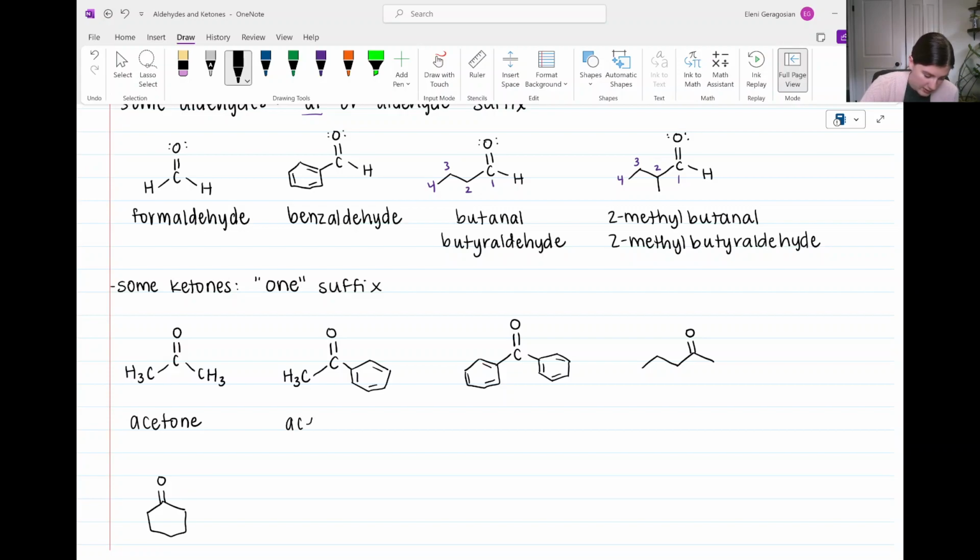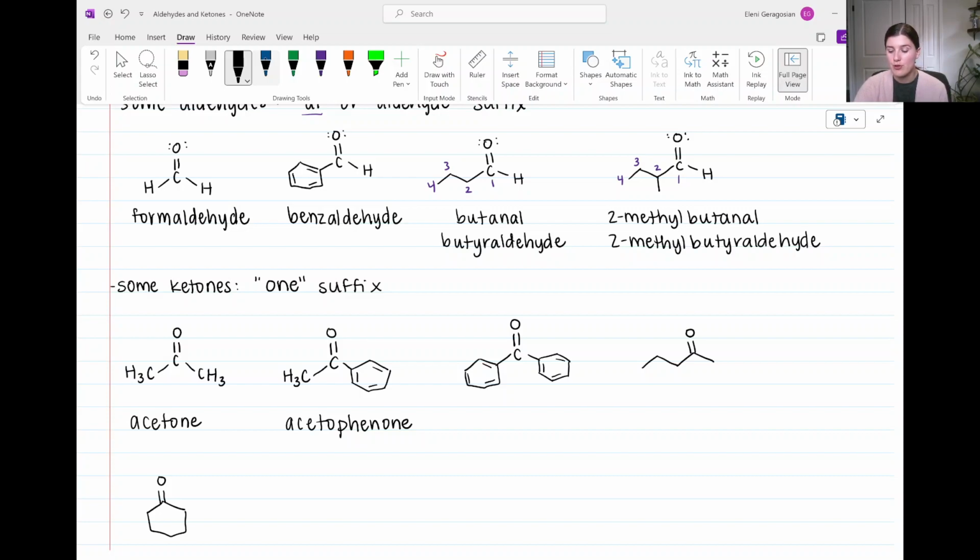So we have aceto, phen for the phenyl, and then one for the ketone. Acetophenone. We have an acetyl group, a phenyl ring, and it's a ketone.